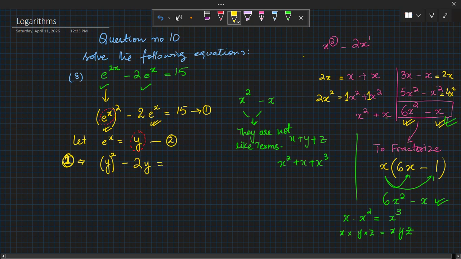Are you getting which equation I am working on? This equation, okay? So exponential x squared minus 2y and then 15, right? So what are you going to do now?